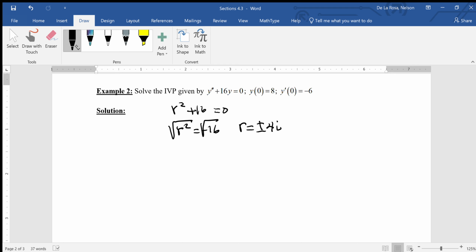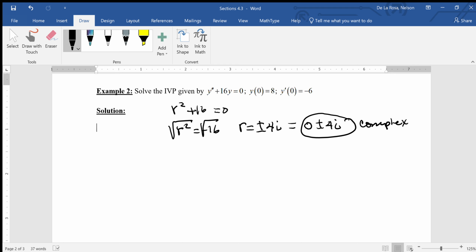So remember, positive and negative 4i can be written as, since we don't have any real part, 0 plus or minus 4i. Okay, so this solution is complex, because it involves an i.